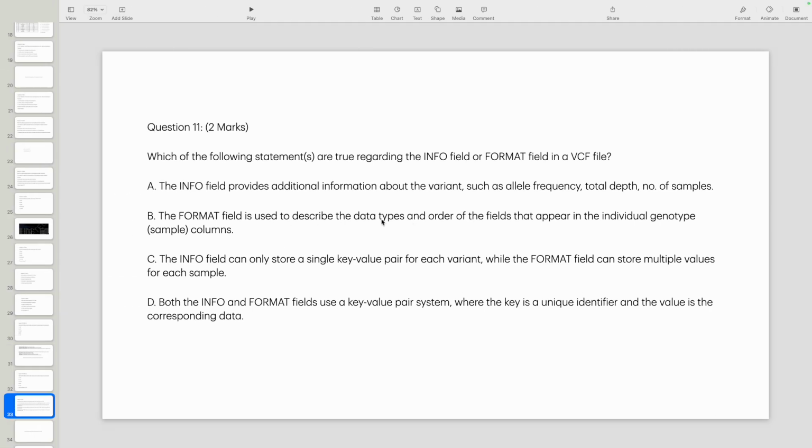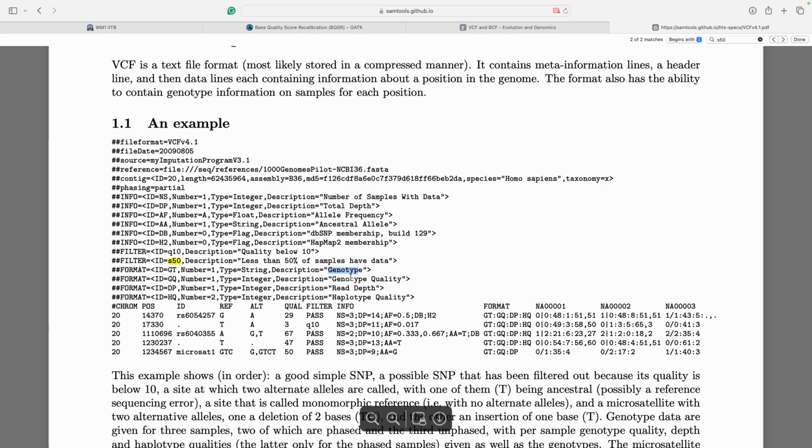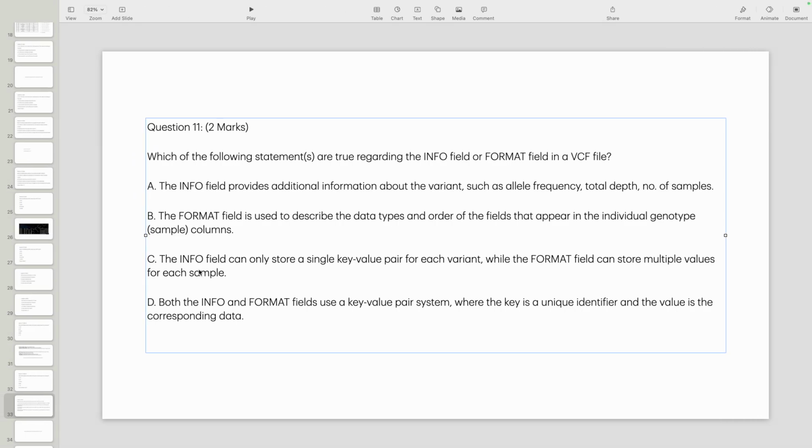So it contains the data type and the order of the field that appear in the individual genotype. So it is also correct, because it is providing all the information about the genotype quality, haplotype quality. The C option is the info field can only store a single key value pair for each variant, while the format field can store multiple value for each sample, which is not correct.